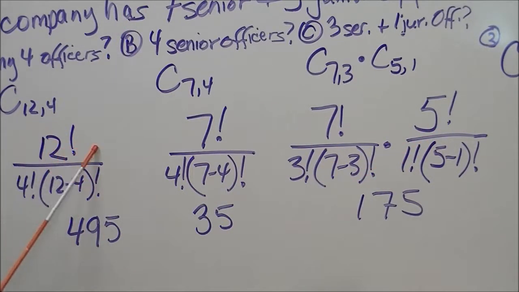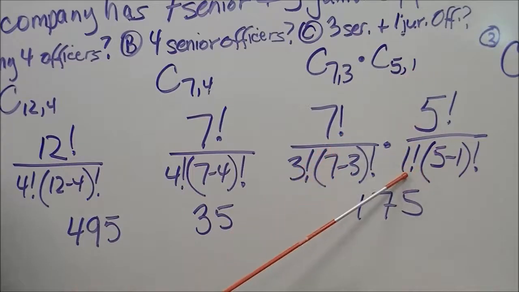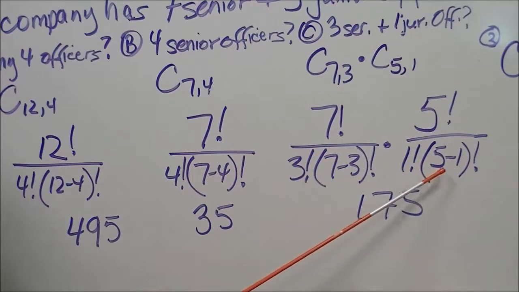So the 12 factorial, 4 factorial, and then 12 minus 4 factorial. 7 factorial, 4 factorial, and then 7 minus 4 factorial. And then here, 7 factorial, 3 factorial, 7 minus 3 factorial, 5 factorial, 1 factorial times 5 minus 1 factorial.